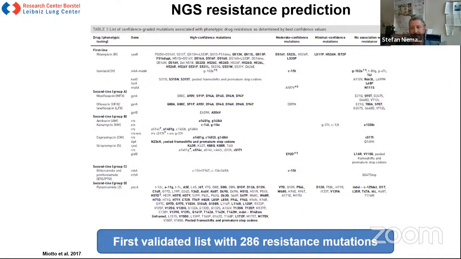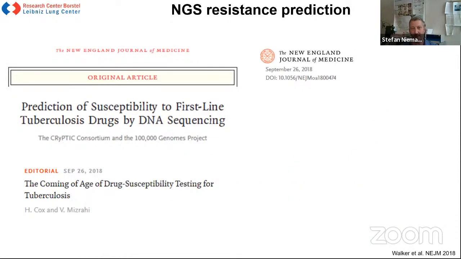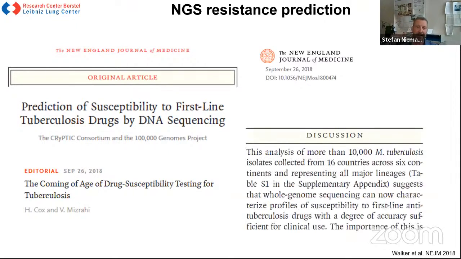From there, the next landmark study was the study of the Cryptic Consortium, where we looked at 10,000 genomes collected across 16 countries across the continent.